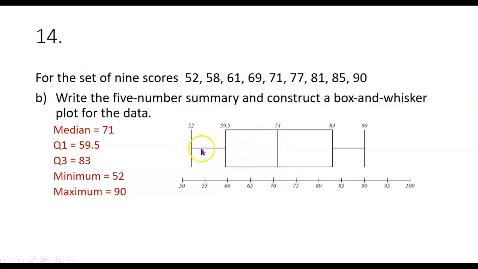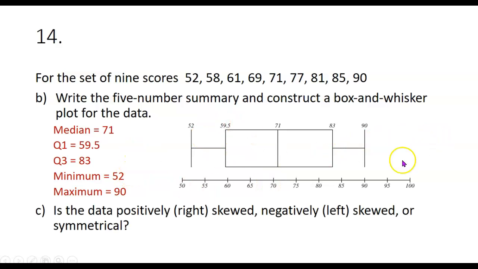And then the whiskers growing off the sides of the box, I've got one of them that goes over to the left to 52, and then one over here on the right going up to 90. So there's my box and whisker plot.